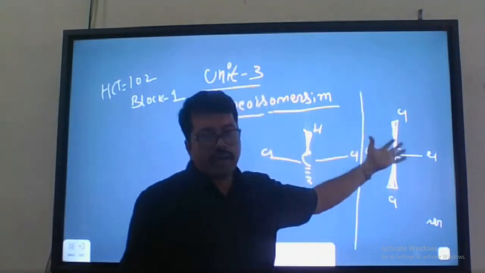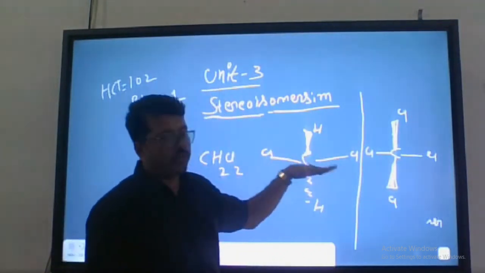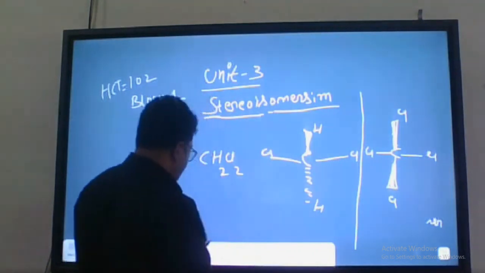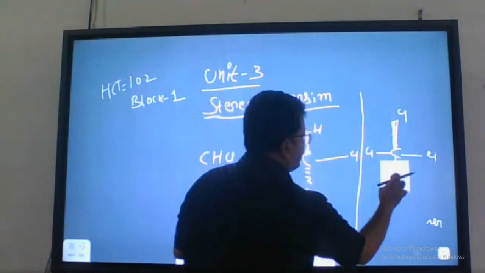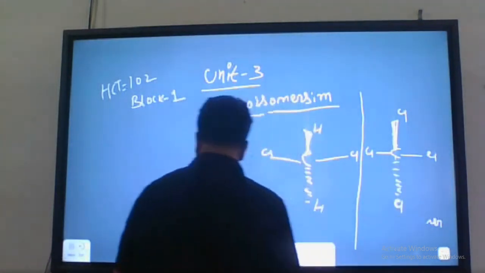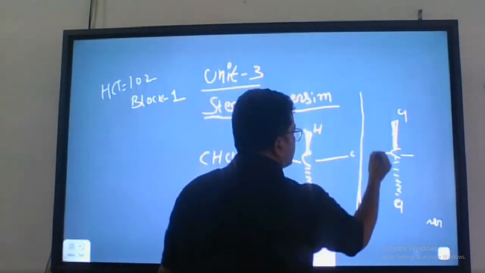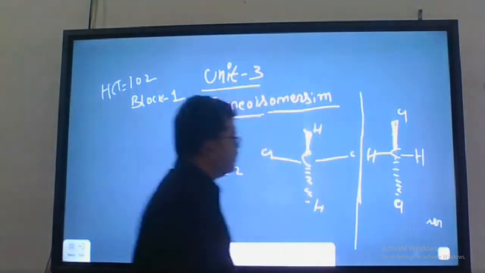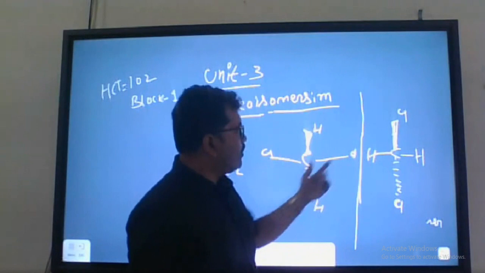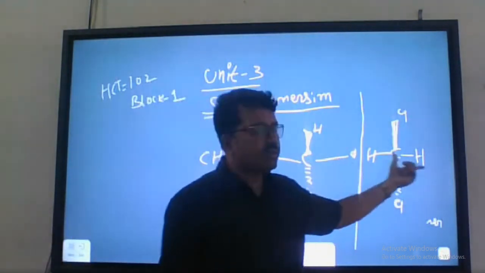Here, both chlorine are above the plane, and here one hydrogen is above the plane and another below the plane. Here chlorine is in plane, hydrogen in plane.